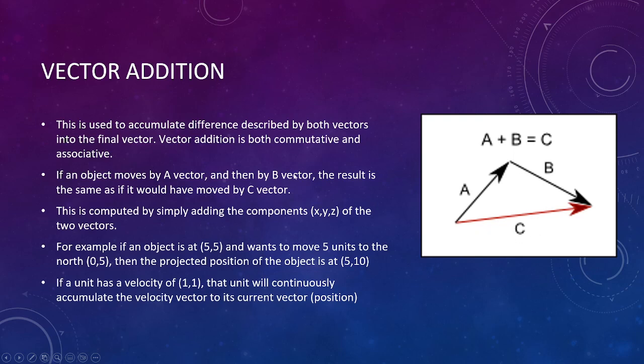Add them together, and you get where the final position, or vector c, would be. So for example, if an object is at 5, 5 and you want to move 5 units to the north, which is 0, 5, you get 5, 10. If a unit has a velocity of 1, 1, that unit will continuously accumulate the velocity vector to its current vector.